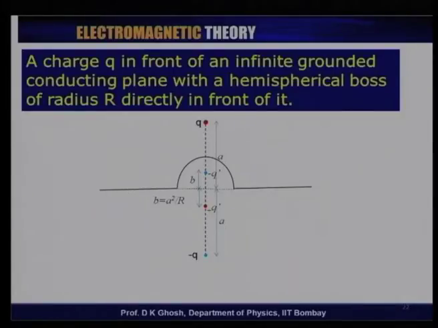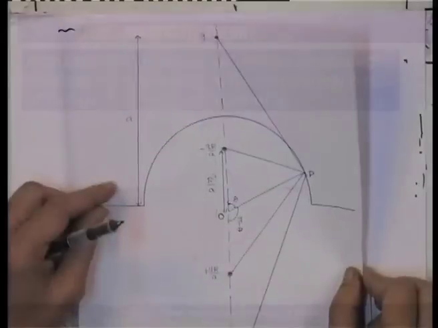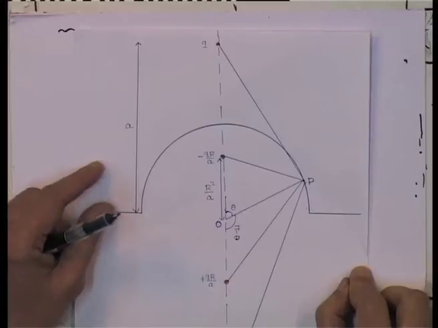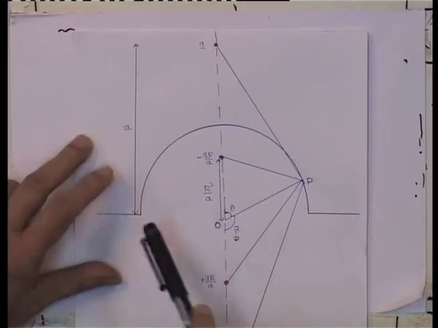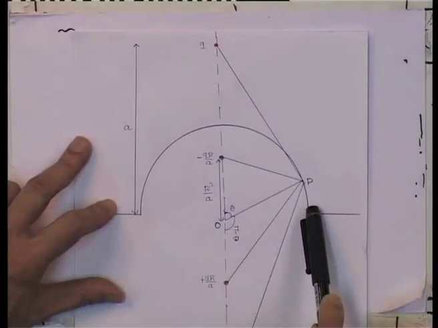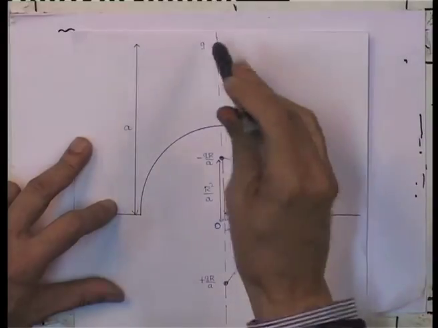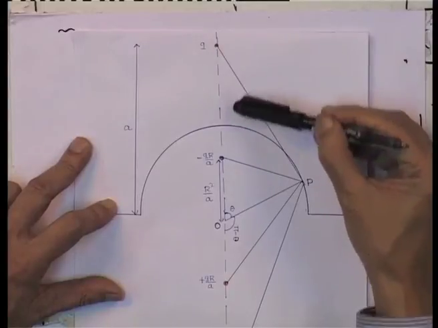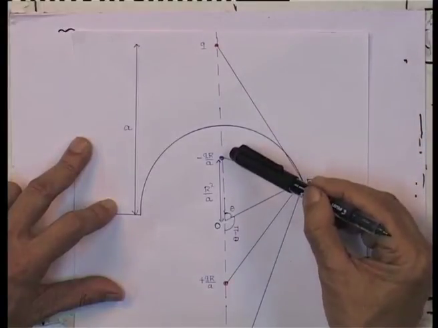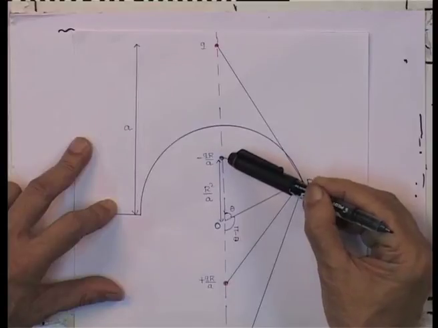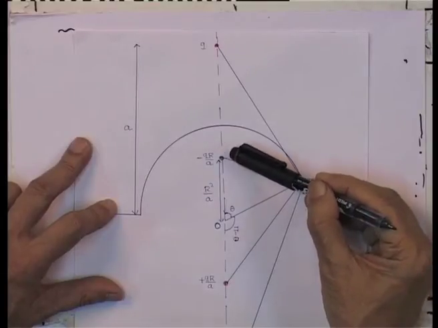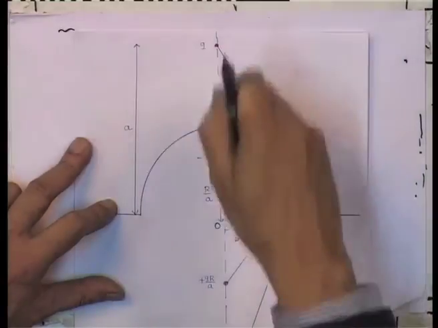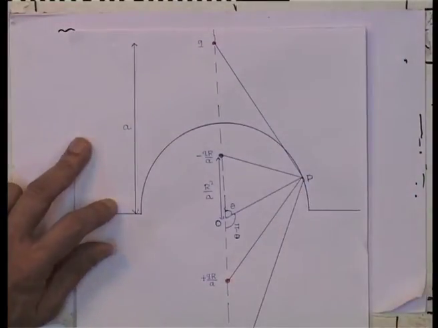So, let me illustrate this by drawing the same picture in a slightly different fashion. This is the boss that we are talking about, and I have a charge q here, and the corresponding image is at minus q r by A. This has an image which is here, and that had an image which is well below, which I will come to a little later.